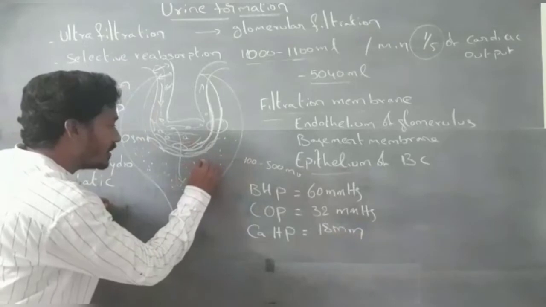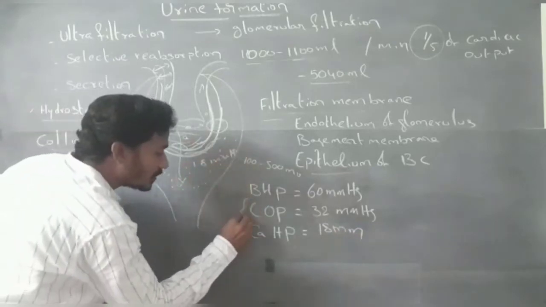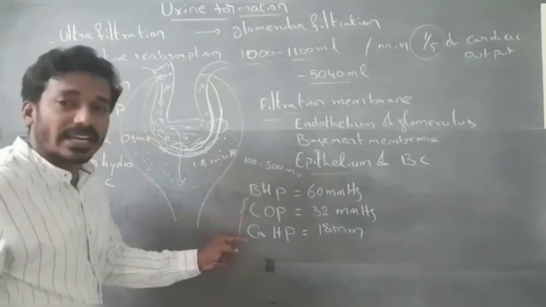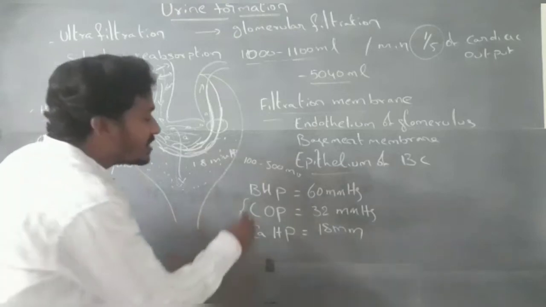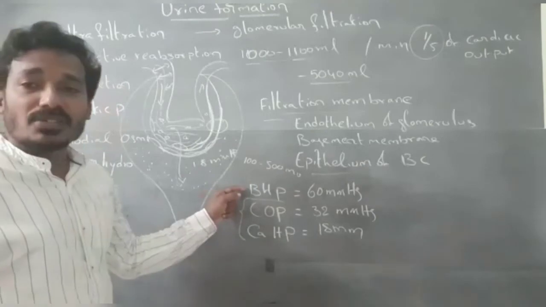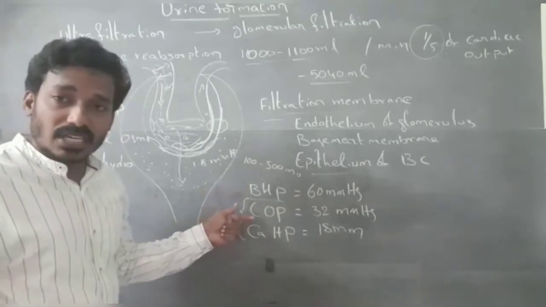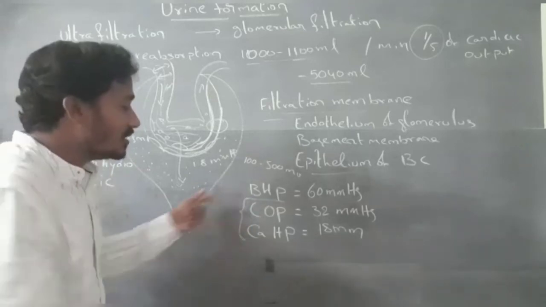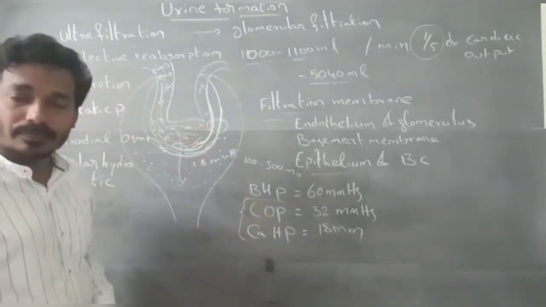These two, colloidal osmotic pressure and capsular hydrostatic pressure, are opposed to the blood hydrostatic pressure.